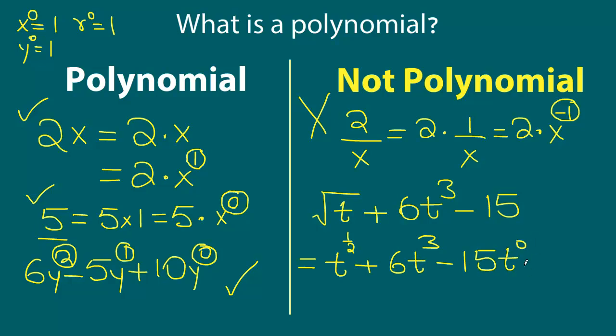We can imagine this to be like that. Now for the first term, this is raised to the power 1 by 2, and 1 by 2 is not a whole number. So here 3 is a whole number, 0 is a whole number. So these two terms are fine, but this one is not a whole number, and hence the entire thing is not a polynomial.